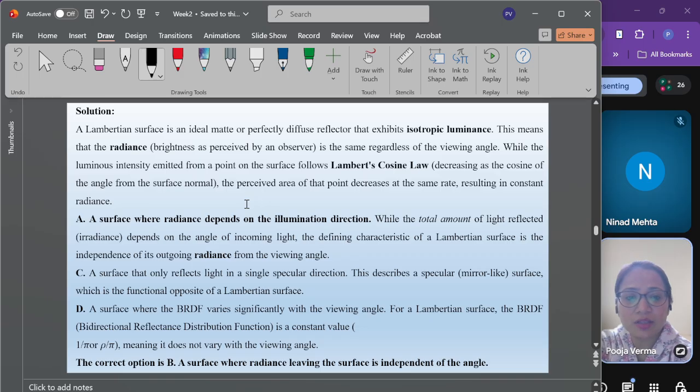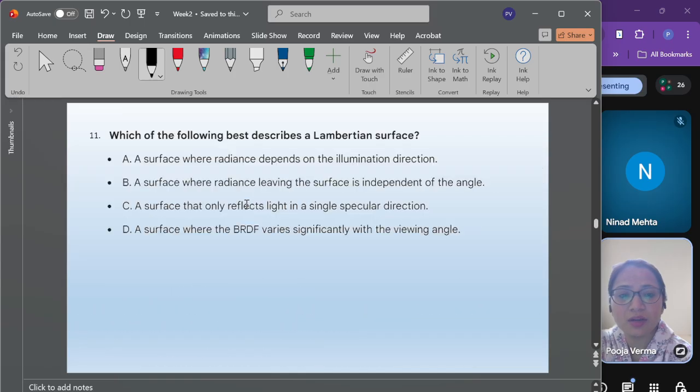For the Lambertian surface, the BRDF is a constant value. Okay, so the correct option is option B, a surface where radiance leaving the surface is independent of the angle. Option B is the correct answer to describe the Lambertian surface.